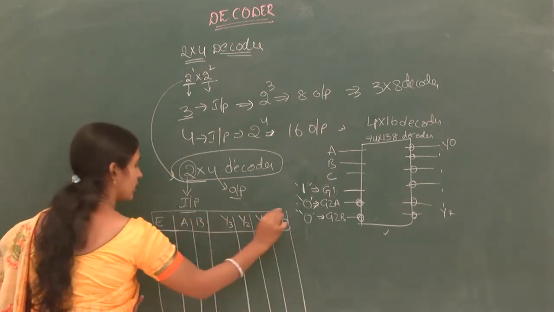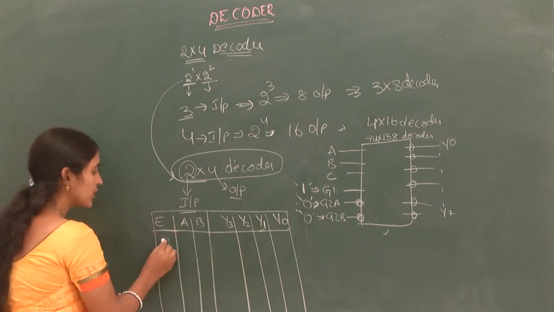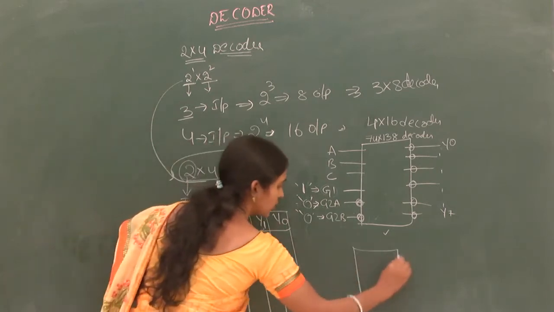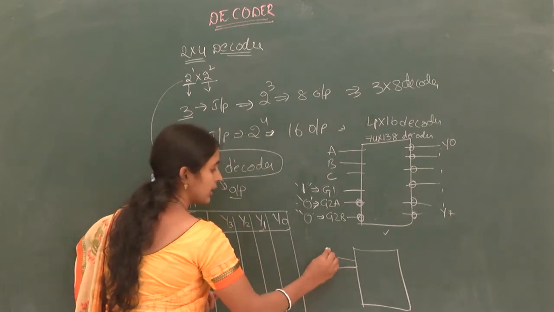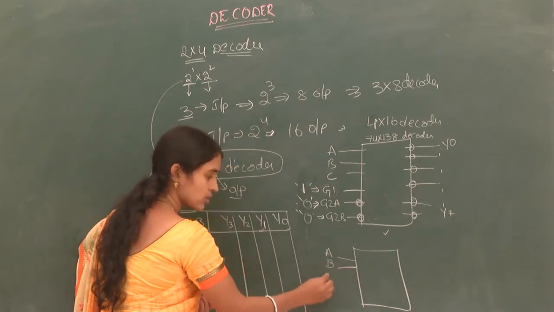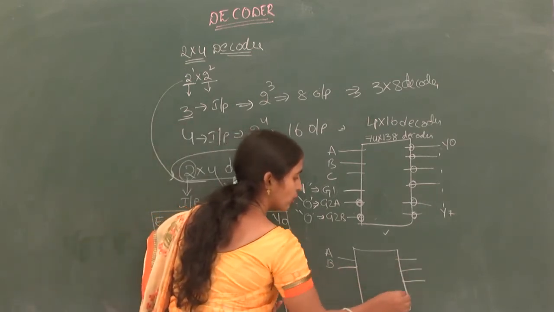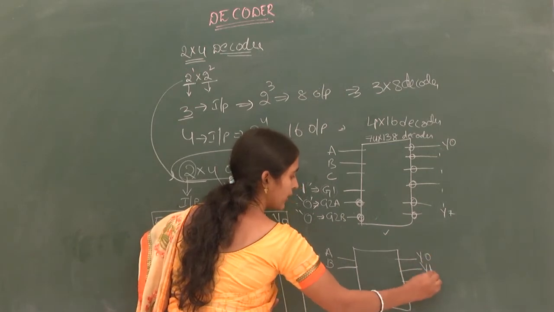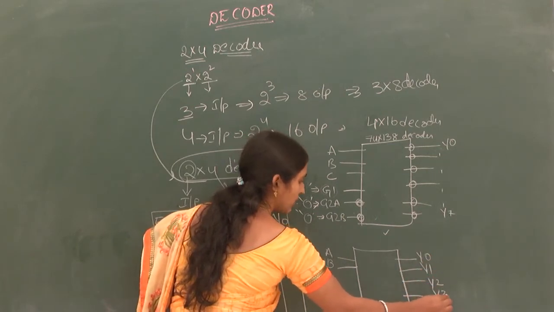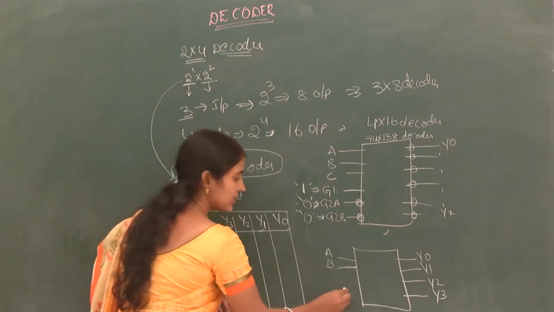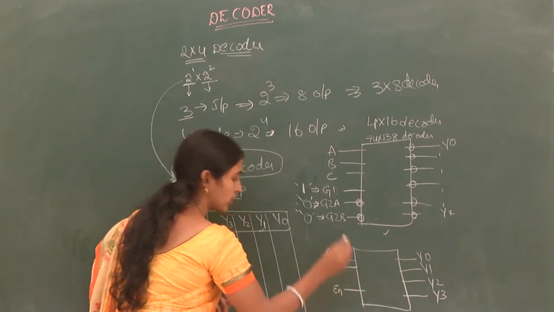I am taking a 2 by 4 decoder with A and B as inputs, 4 outputs Y0, Y1, Y2 and Y3, and at the same time one enable input.